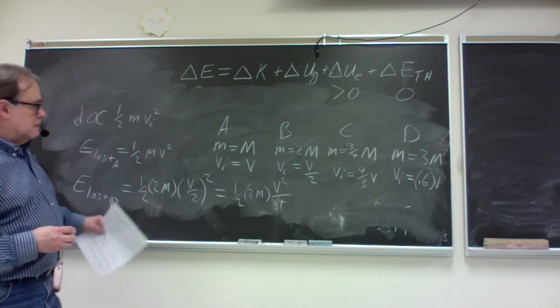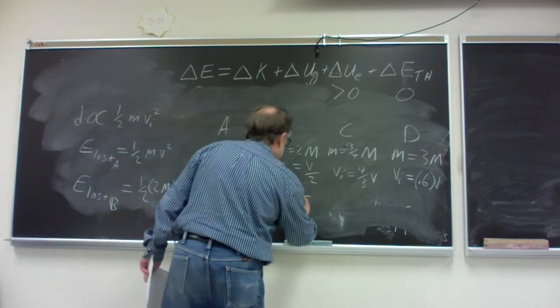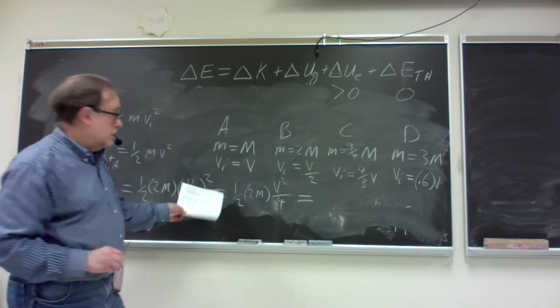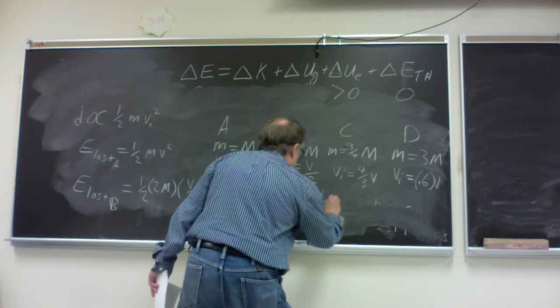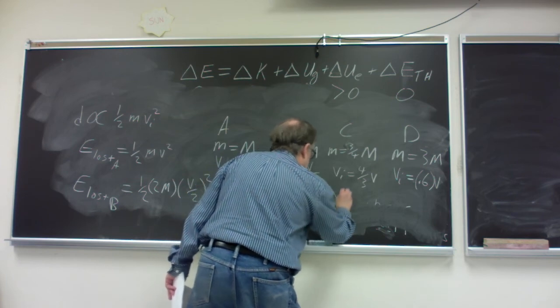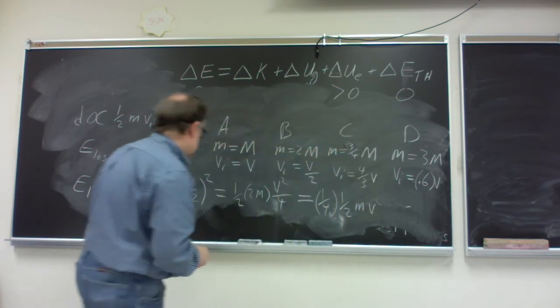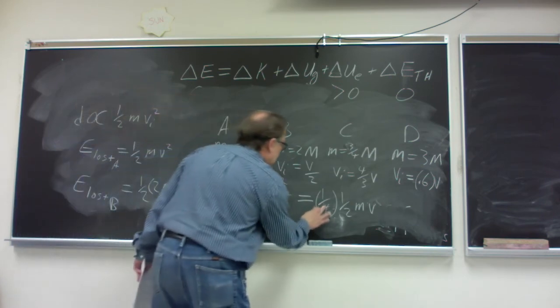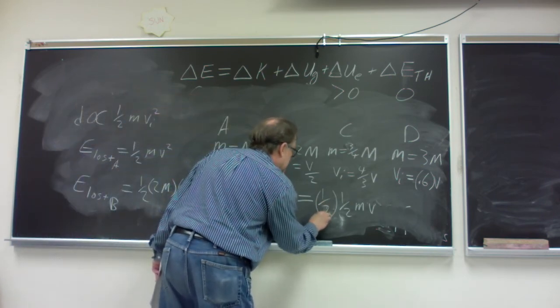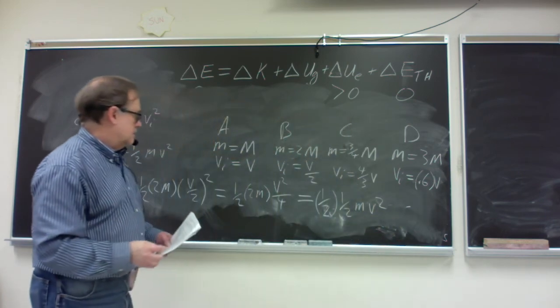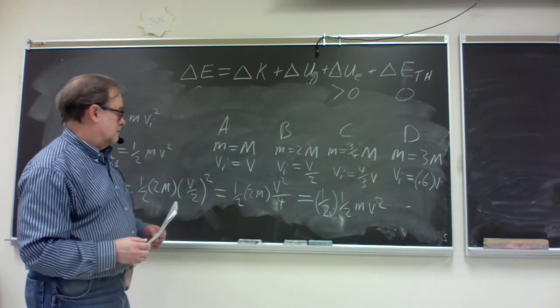And that means this car's initial kinetic energy we can write as 1/2 times 1/2 mv squared.